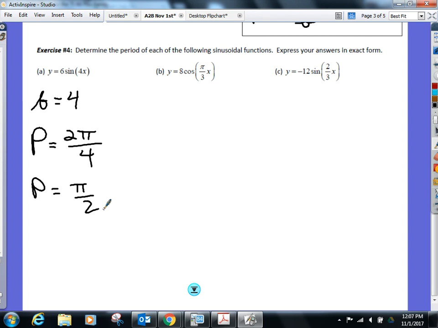So, boom, done, pi over 2. On your graph right now, imagine one full sine curve from 0 to pi over 2. That's what that means. You're going to see another one to pi, another one to 3 pi over 2, and another one to 2 pi. You're going to see 4 of them total. That's a lot, right? They're just going to be going nuts. So that's what that means, right? One curve from 0 to pi over 2. Amazing. Unbelievable. I know you're jacked up.